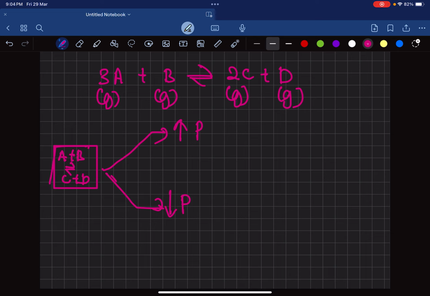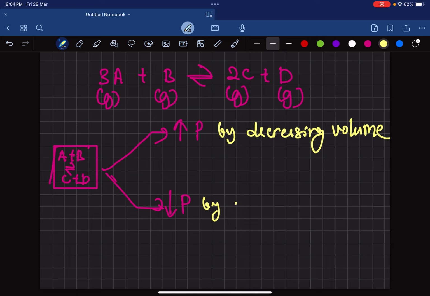How do we increase pressure? We increase pressure by decreasing volume, and we decrease pressure by increasing volume. Usually that's what we do. It's something to do with Boyle's law, which later on we will learn about, P equals 1 over V. All right, doesn't matter.